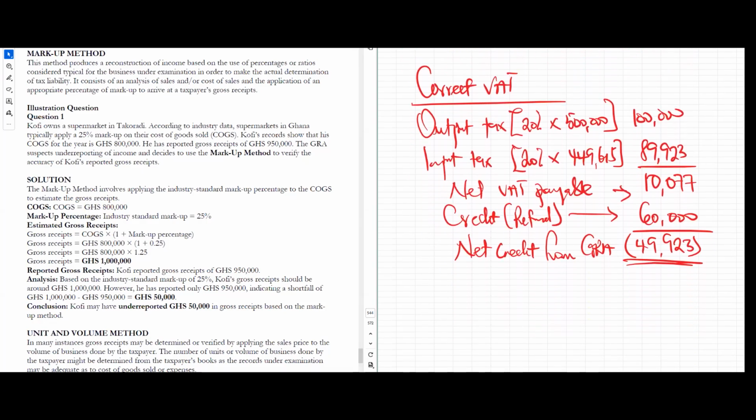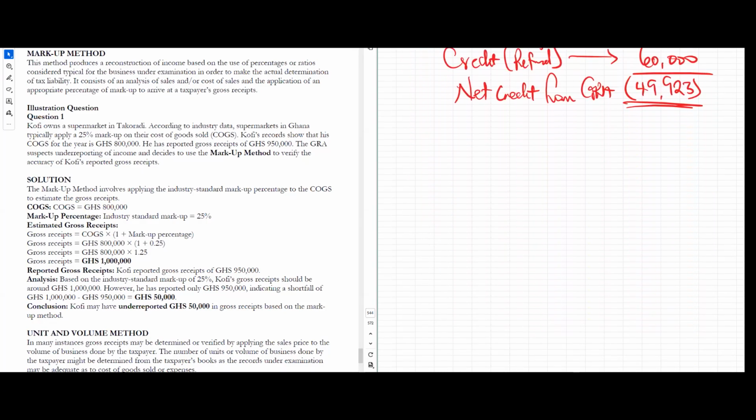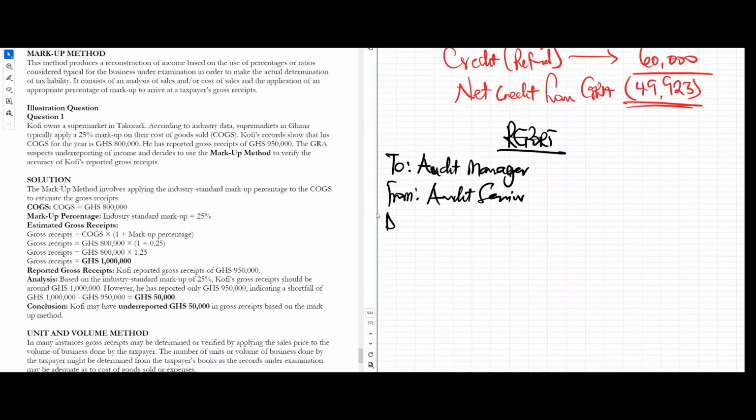Or in your report, let's write a report to our audit manager. So in our report, we are going to say what? It can be a memo to audit manager, from maybe audit senior. Then you bring the date, 30th July 2026.